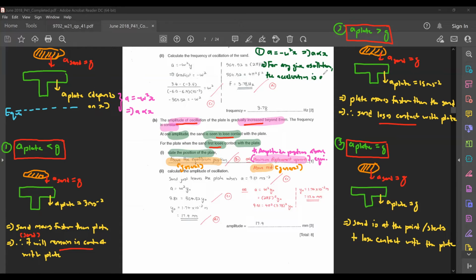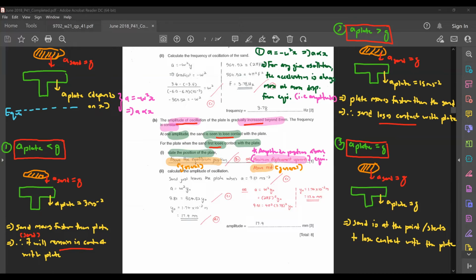The acceleration is always max at maximum displacement from equilibrium. In other words, at amplitude. This is what I just wanted to say. Okay.